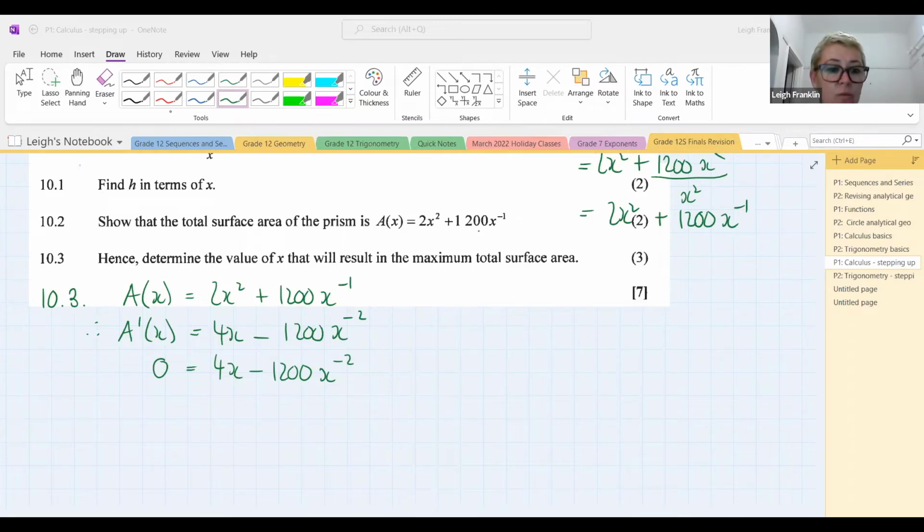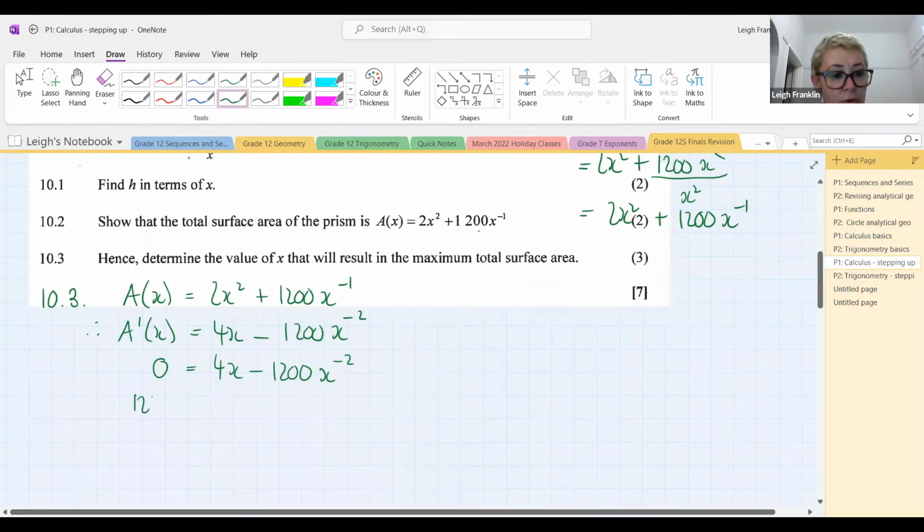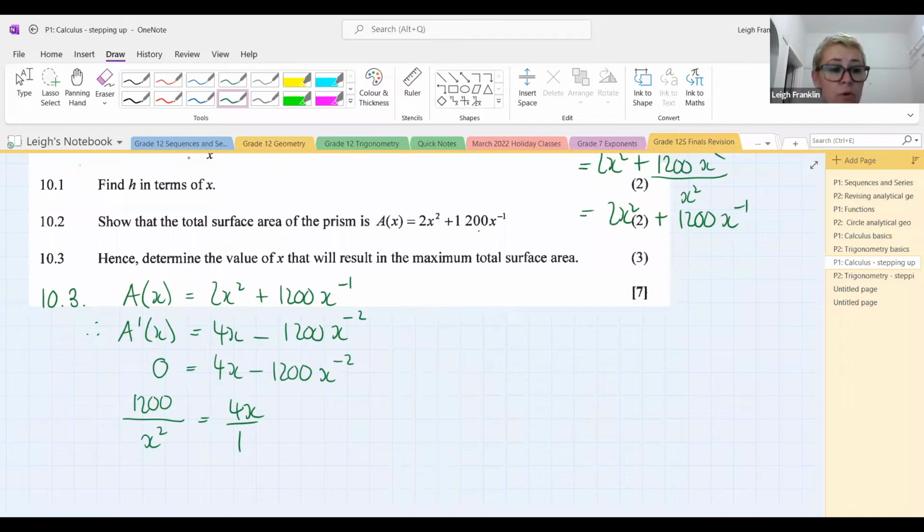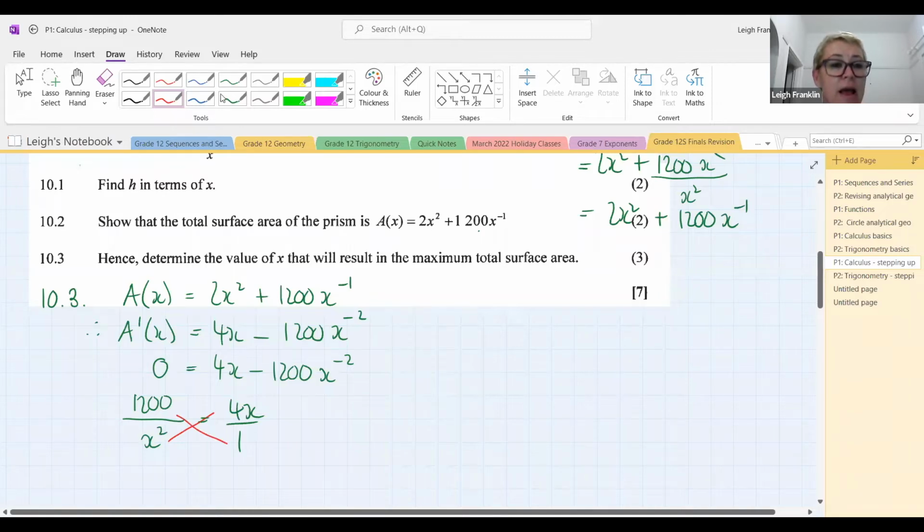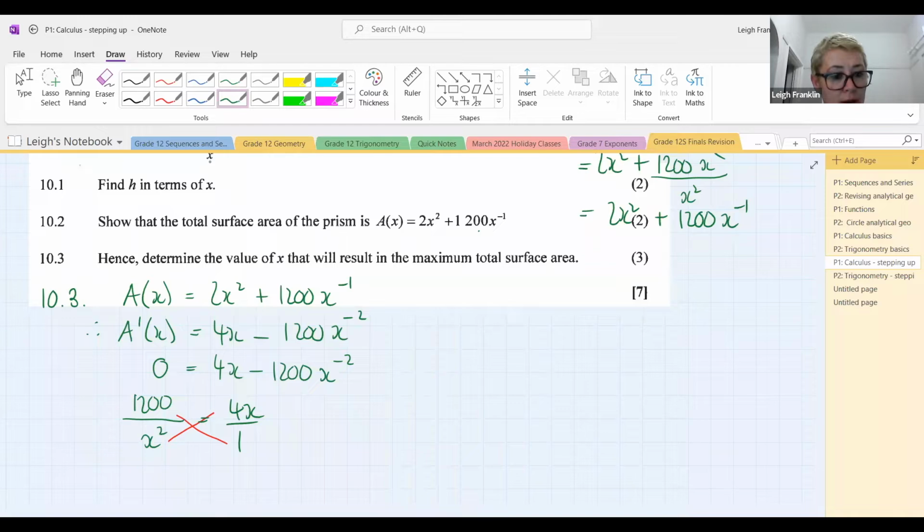You know what I would do in this situation? I would take the 1,200 over to the other side and write it as positive 1,200 over x squared equals 4x. That 4x is 4x over 1, and now you've got a proportion. Now I would cross multiply, multiplying the denominator with the numerator. That leaves us with 1,200 equals 4x cubed.